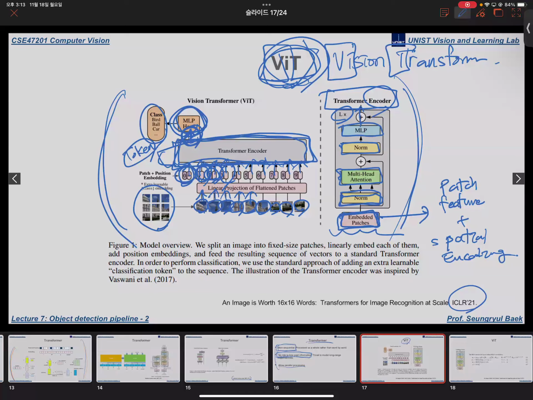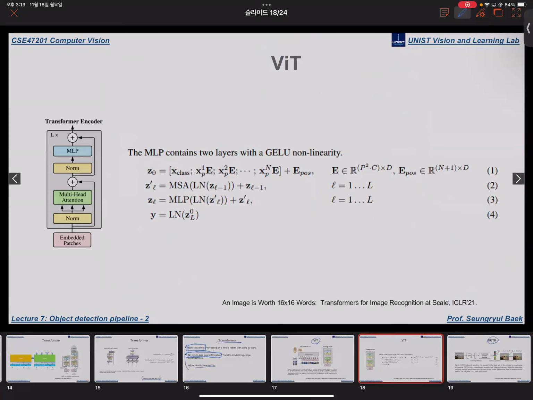We can repeat these blocks L times maybe. So this is the Vision Transformer architecture. Okay. Very simple, right? And this is showing you more about the exact formula.